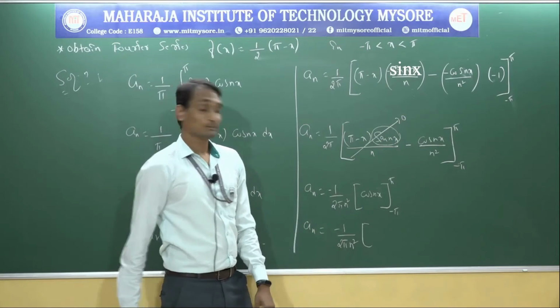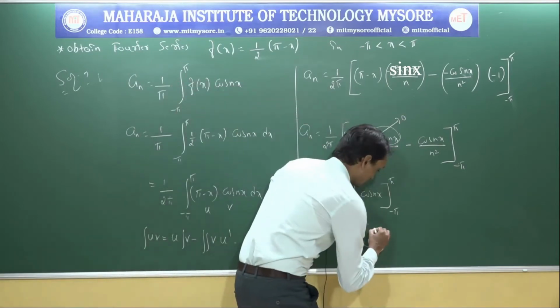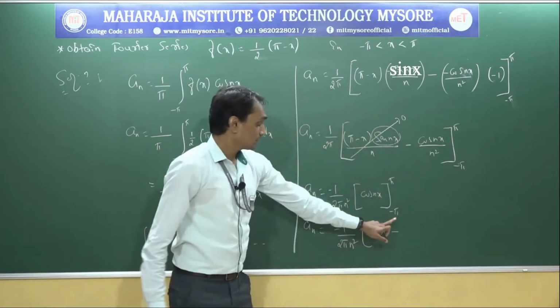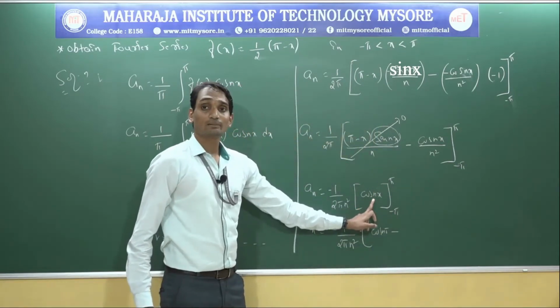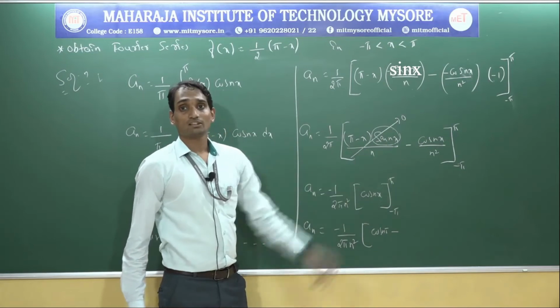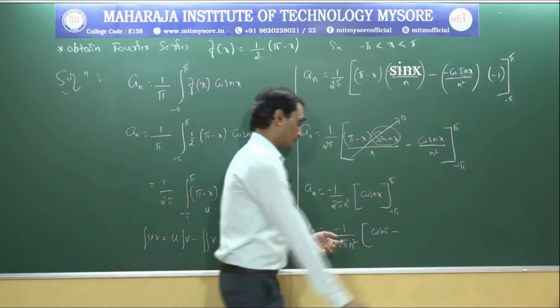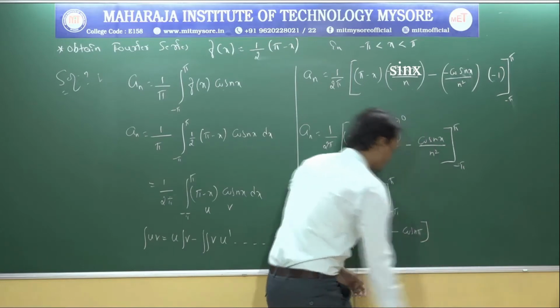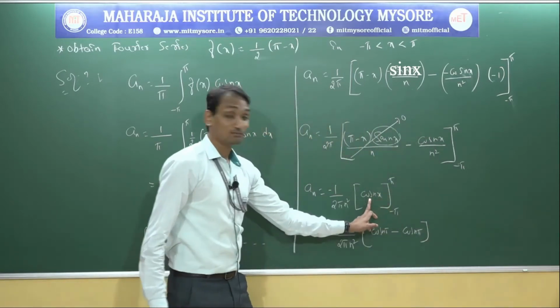Now I will substitute the integral limits. This becomes cos n pi minus, if I substitute minus pi here, cos of minus theta is plus cos theta itself. So I will get again cos n pi. If I substitute pi, this becomes cos n pi.